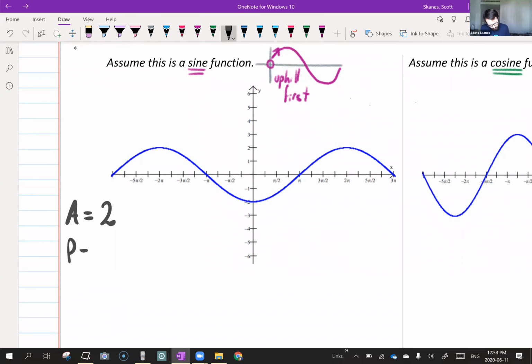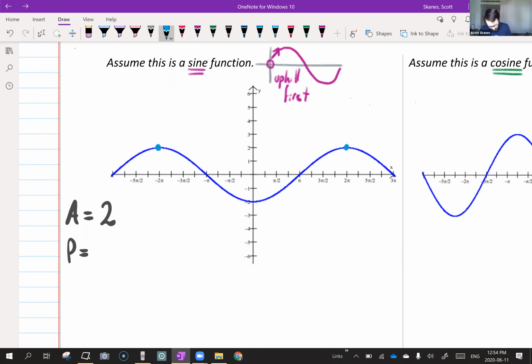For period, that's going to be a little trickier. You need to make a smart decision as to what we're looking at to compare the period. We have a couple choices, but for period, it doesn't matter what points we choose. It does, but it doesn't have to do with if it's sine or cosine. We just choose 2 points, which are the beginning of a new cycle. So I like to choose the tops if I can. I like to choose the peaks.